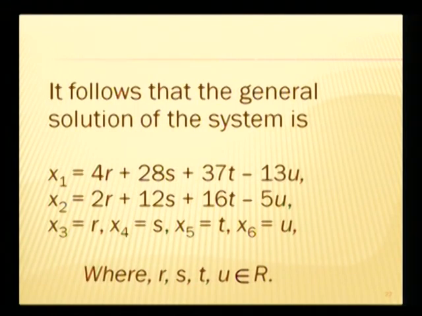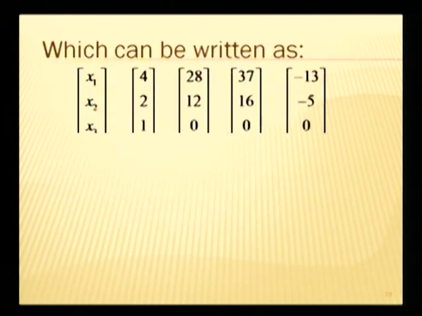And therefore we have the general solution of the system as x1, x2, x3 is r, x4 is s, x5 is t and x6 is u. Now to find the null space of this solution, again we write the matrix form from the given equation.